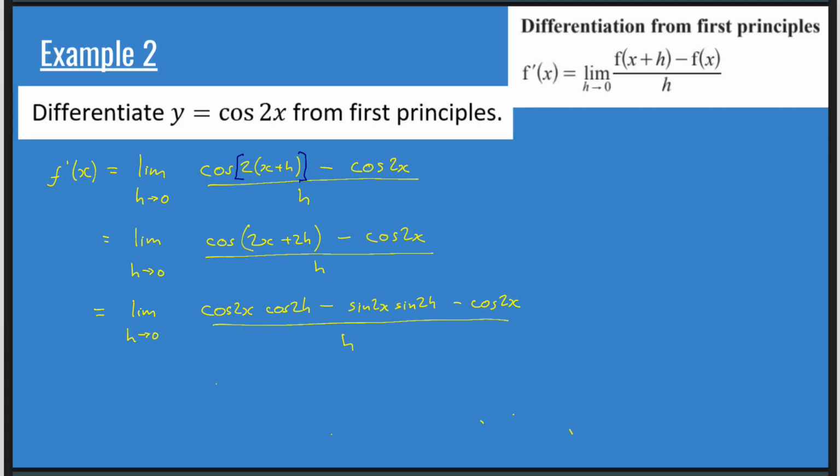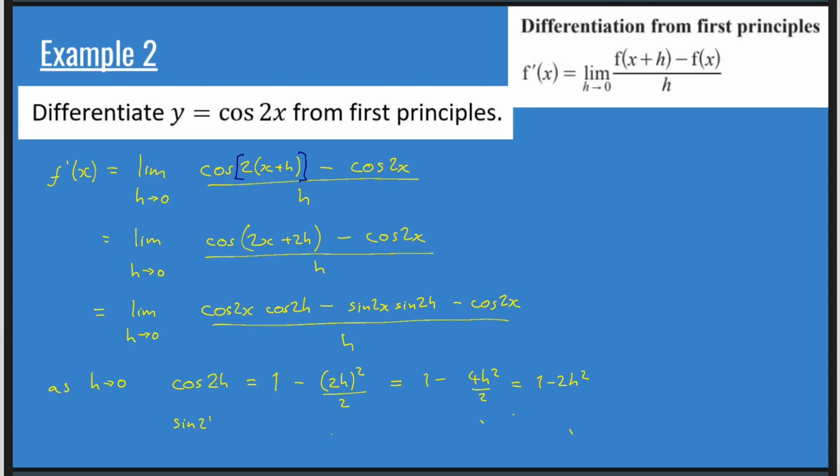Okay, now we need to use the small angle approximations. As h goes towards 0, cos of 2h is roughly equal to 1 minus 2h squared all over 2, all squared, which is 1 minus 4h squared over 2, which is 1 minus 2h squared.